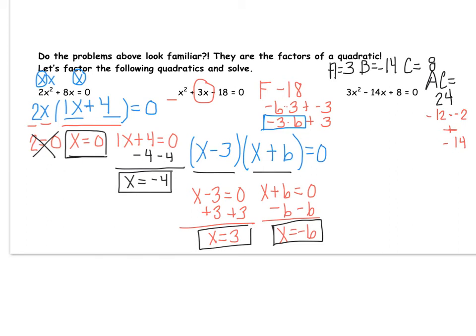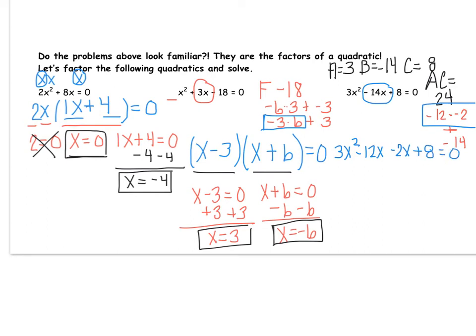All right, so I am going to use these two factors to replace this number right here. So 3x squared minus 12x minus 2x plus 8 equals 0.